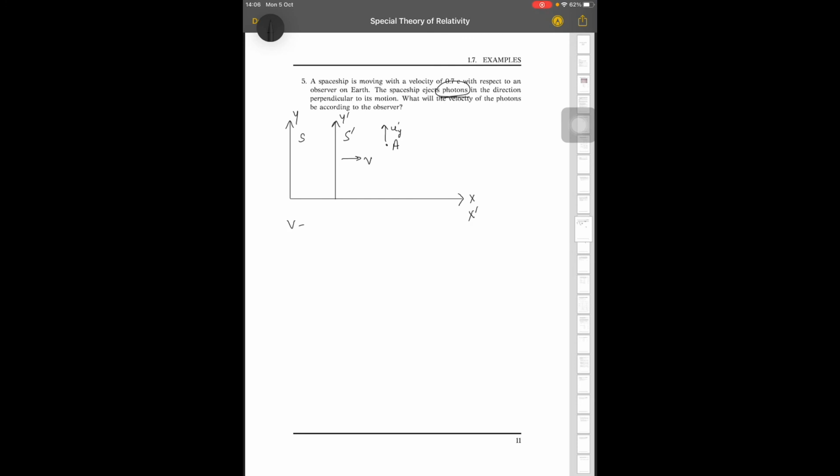So v equals 0.7 c, uy dash equals c, ux dash equals 0. Now we need to find ux and uy and resolve the vectors just like in the previous question.